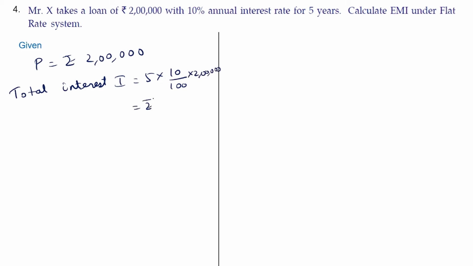So it is rupees 1 lakh. N is given as 5 years. It is not repaid every year. It is repaid as equated monthly installment. So N will be 5 into 12, which is 60.